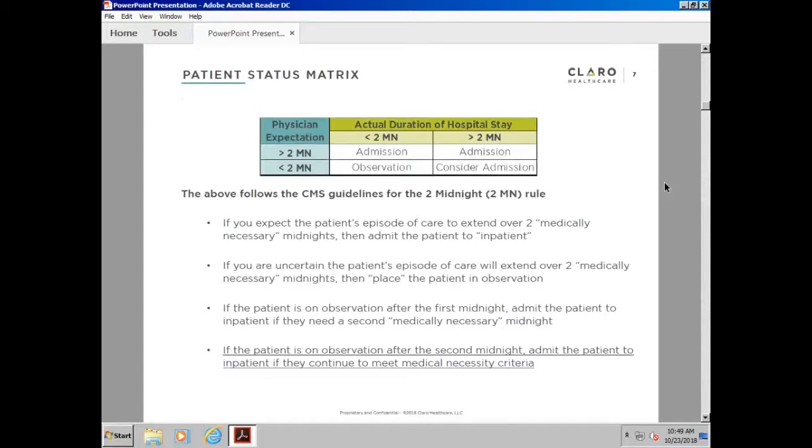So if you expect the patient's episode of care to extend over two medically necessary, and that's the key, medically necessary midnights, then admit the patient to inpatient. If you're uncertain and it's going to be less than 2 midnights, then maybe observation is appropriate. But after the first midnight, and this is what we tell the attendings too, then maybe inpatient should be considered if they have stayed longer. This is what we give to the attendings.